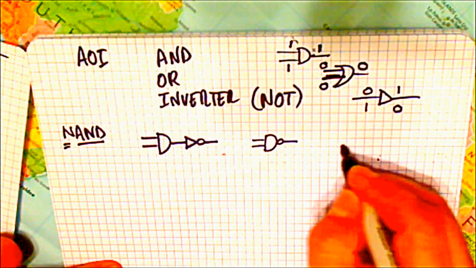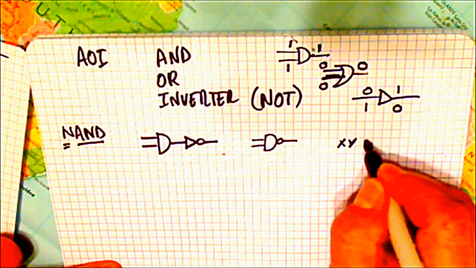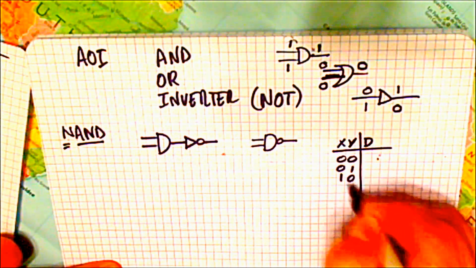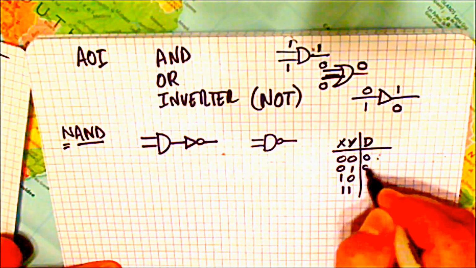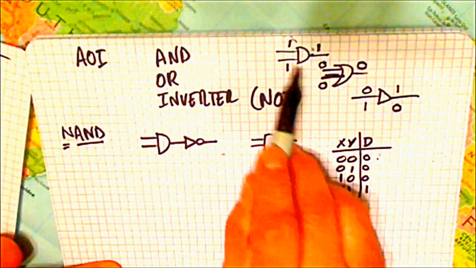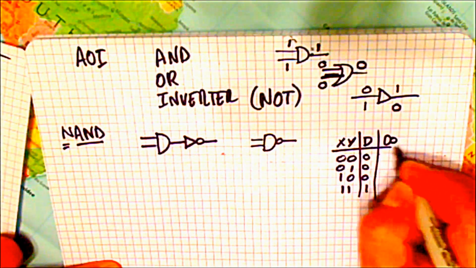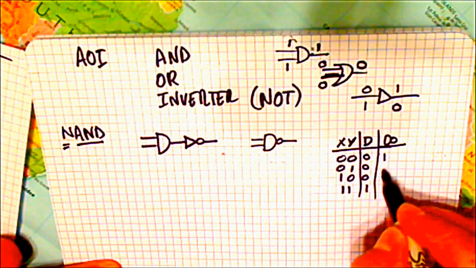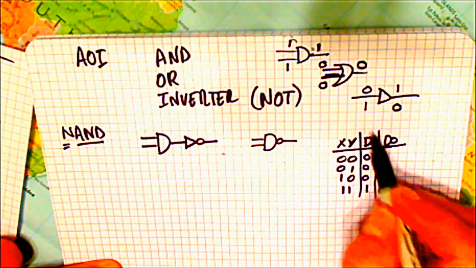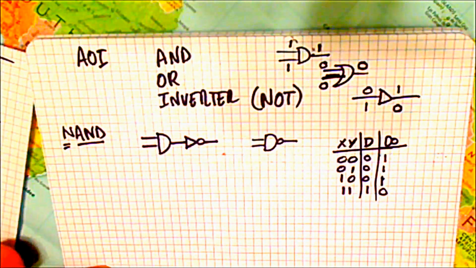So if the AND gate has inputs of X and Y, then the output of the AND gate is going to be 0, 0, 0, and 1 only when both inputs are 1. So that is the truth table for the AND gate. And then the NAND gate should be exactly the opposite because it gets inverted. So here's the truth table for the AND and the NAND gates.